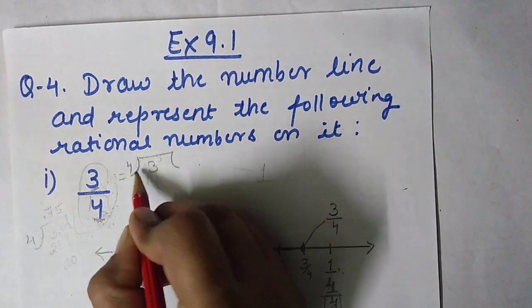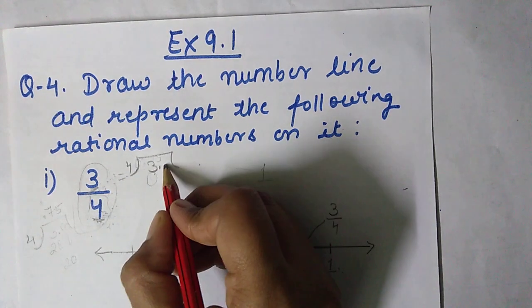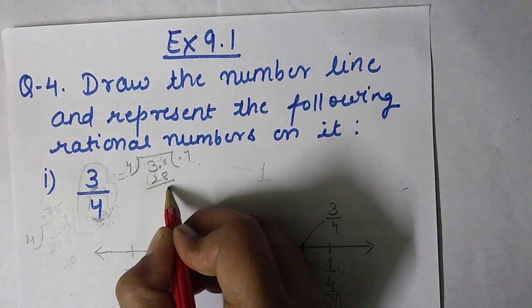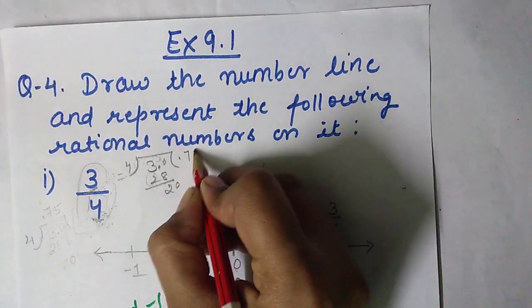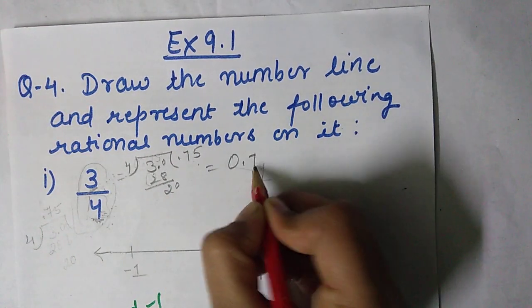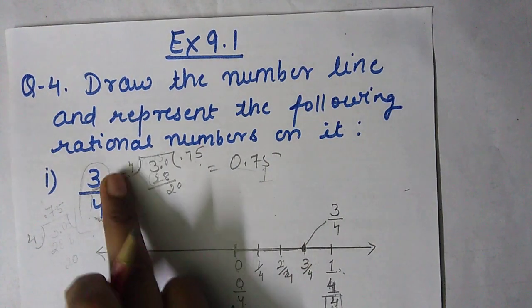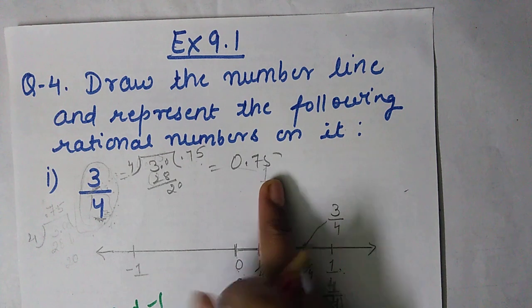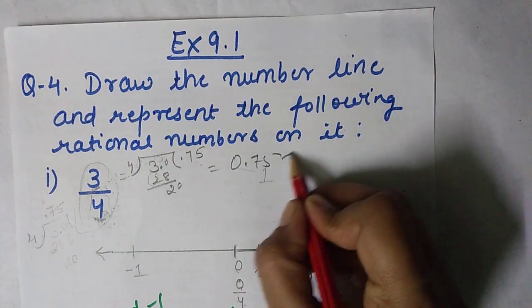This is 3 and this is 4. If you divide, you will get 0.75.